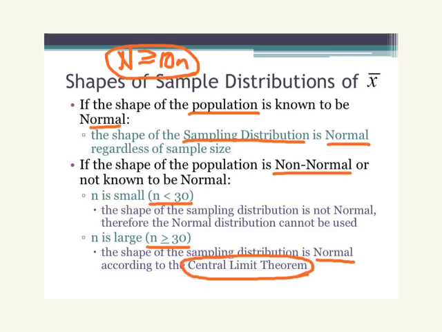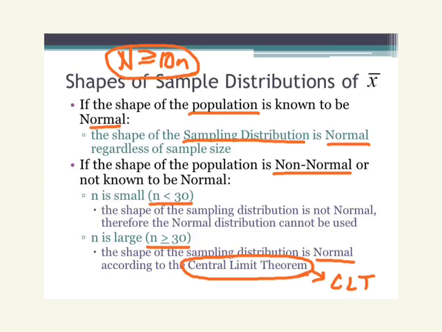That will be important. Many times in our textbook and in my notes, you're going to see the central limit theorem abbreviated as the CLT. So if you see me write down CLT, that's referring to the central limit theorem.